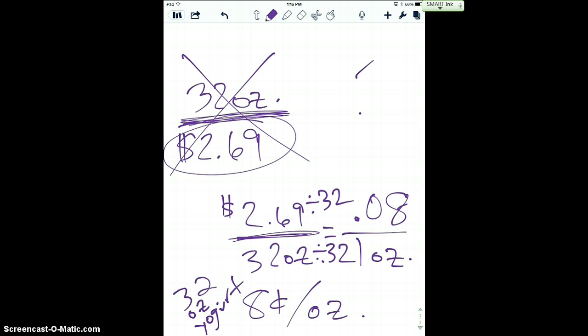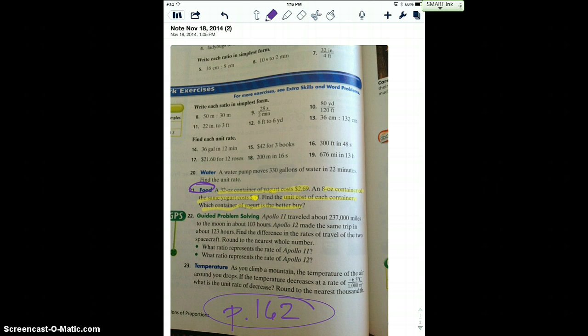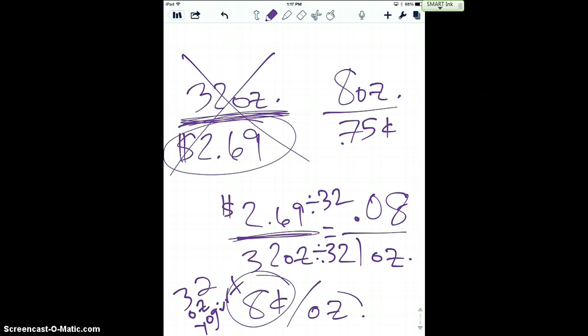Not quite. Now I need to know the other yogurt, which was 8 ounces, 75 cents. Is that a better deal? So I had 8 ounces of yogurt for 75 cents. And I want to know how much that would be per ounce.